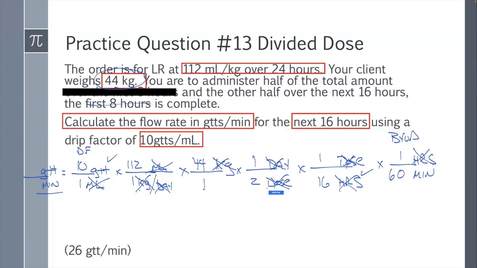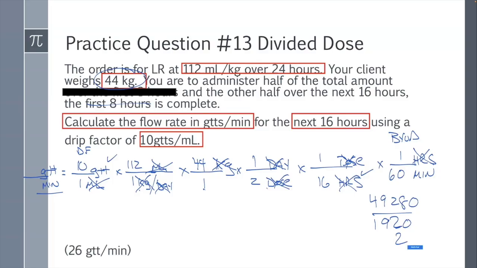1 times 1 times 1 times 2 times 16 times 60. And we get 1,920. Now we have 10 times 112 times 44 equals 49,280 divided by 1920.